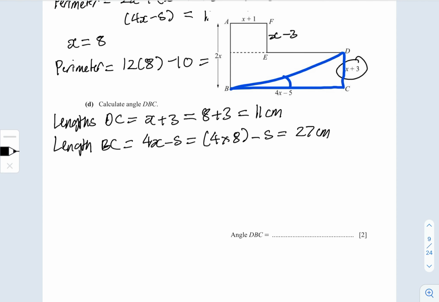With the two lengths that you have now, and you need to calculate the angle, you need to use trigonometry. So you have the angle DBC. You have the lengths, which are 11 cm and 27 cm. So you have hypotenuse, opposite, adjacent.